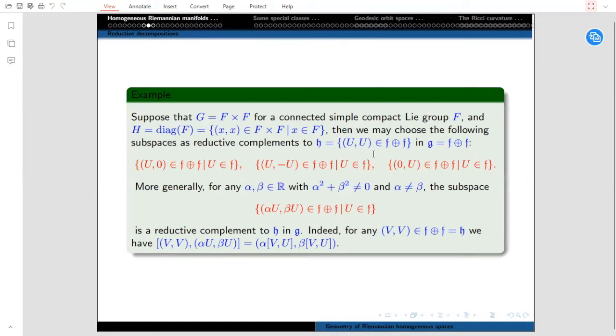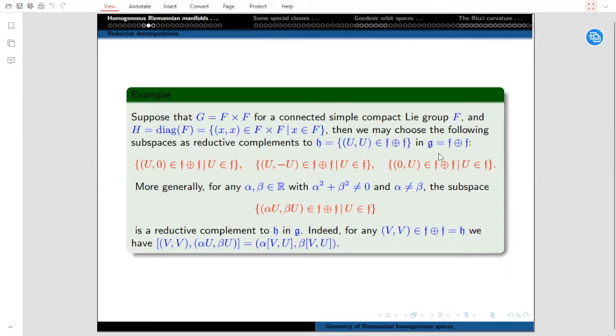Then we can choose the following subspaces as a reductive complement to the Lie algebra. The Lie algebra of H is of this form. This consists of the pairs U from F plus F, where F is the Lie algebra of capital F, of course.